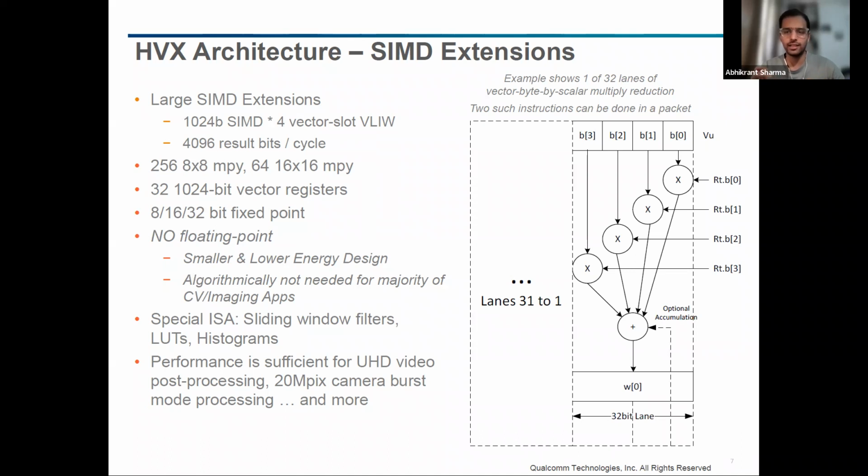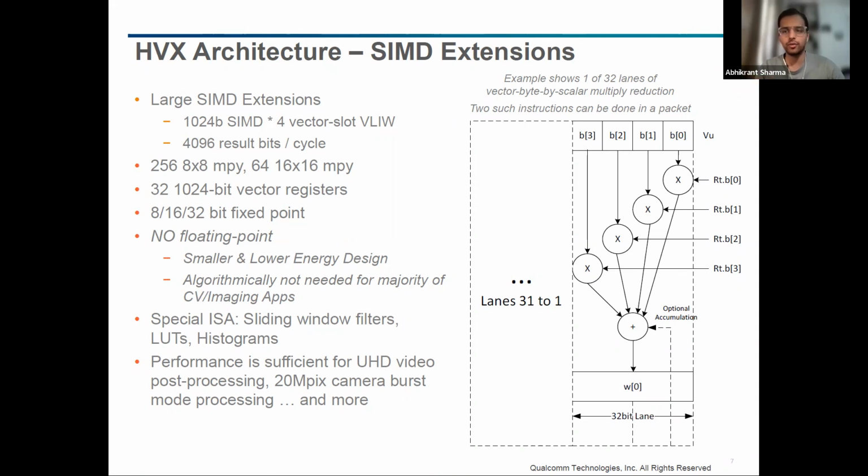It occupies very little space on the chipset, and because it's not doing any floating point arithmetic, there will not be any floating point instructions in the instruction set architecture. There will not be any need for dedicated floating point hardware on the block, which significantly reduces the power need of the hardware.